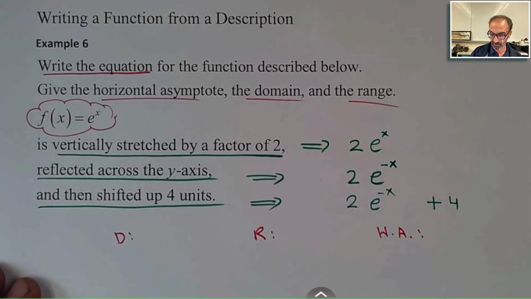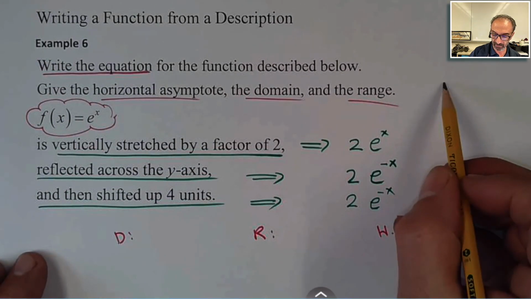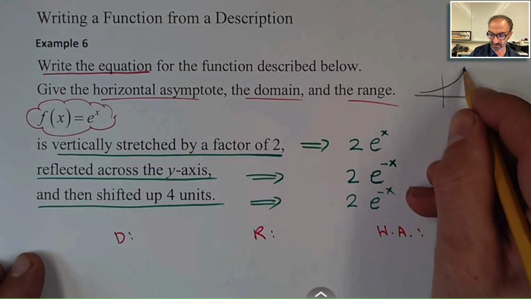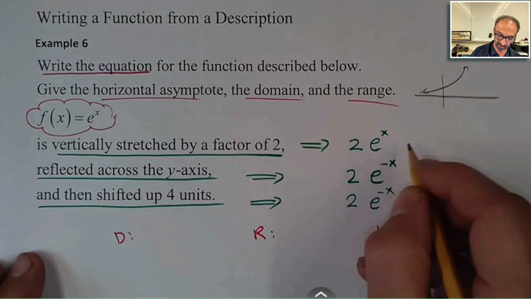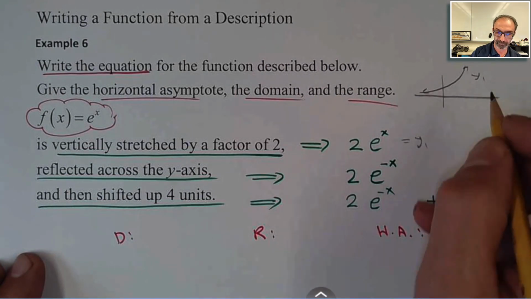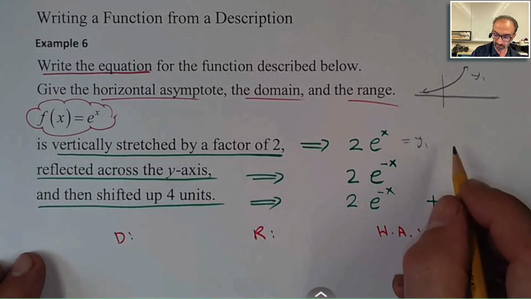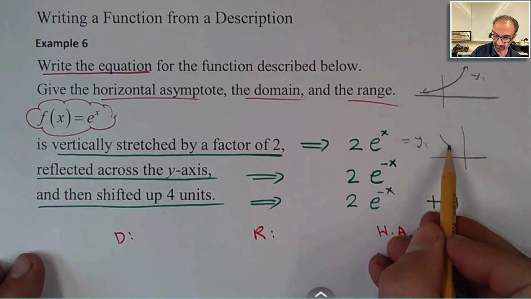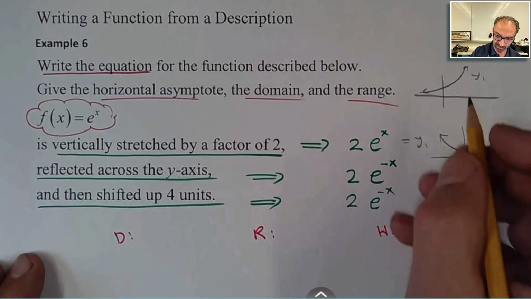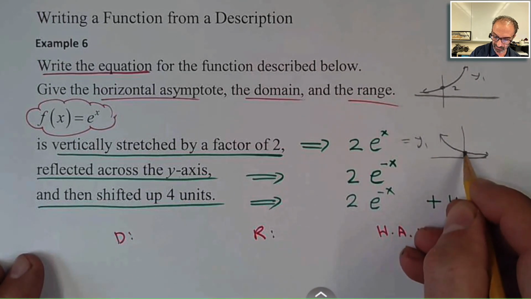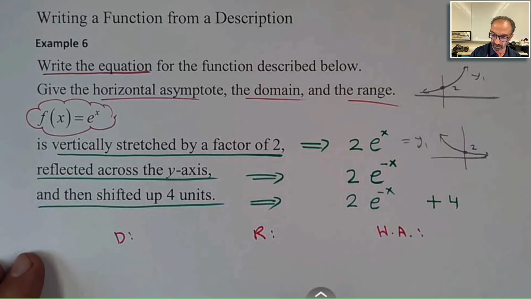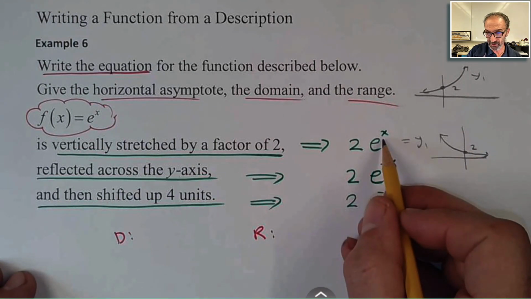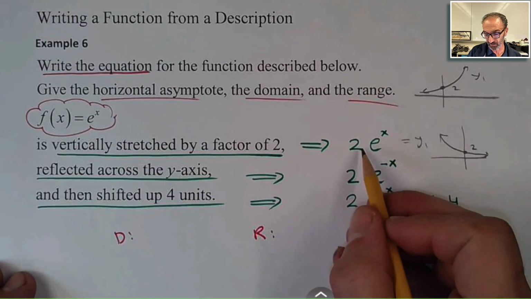Now, to be clear about these, this is what I have. The original one was just like this. That's my number 1. Let's call this one y1. When you reflect it about the y-axis, it's going to look like this. So if this is 2, this is still 2, because e to the power 0 is 1 and 2 times 1 is 2.